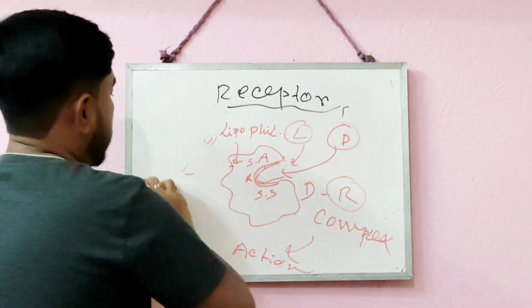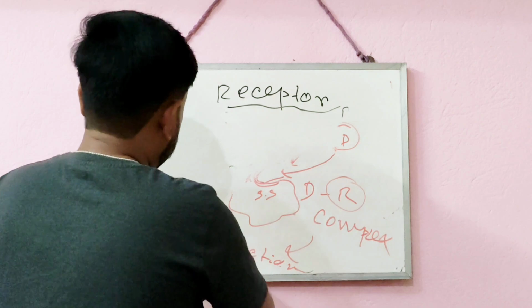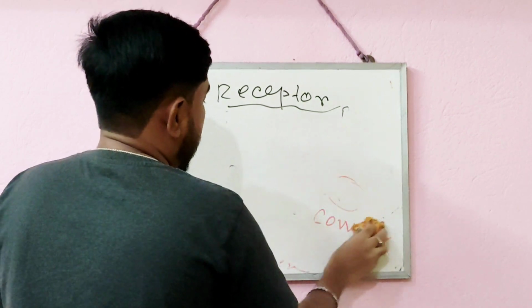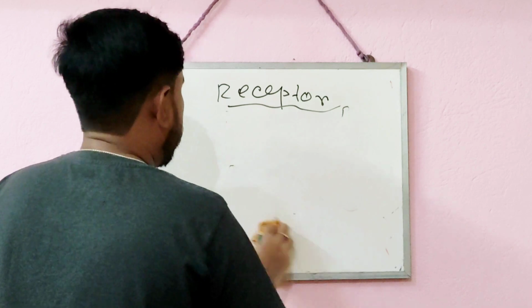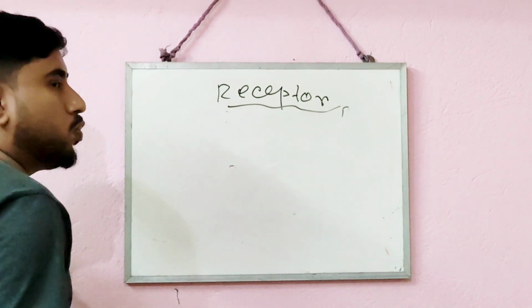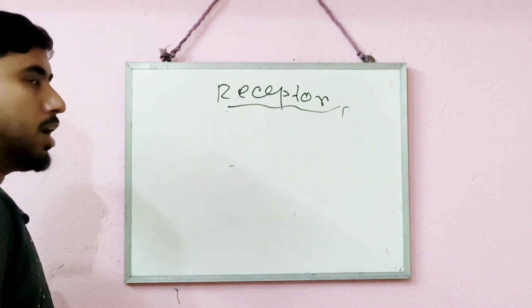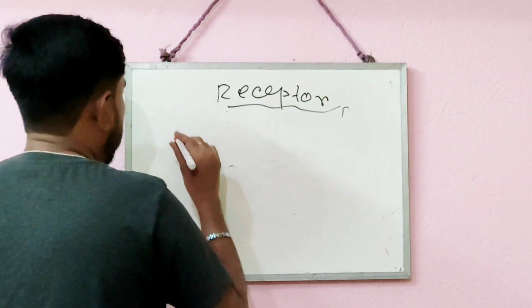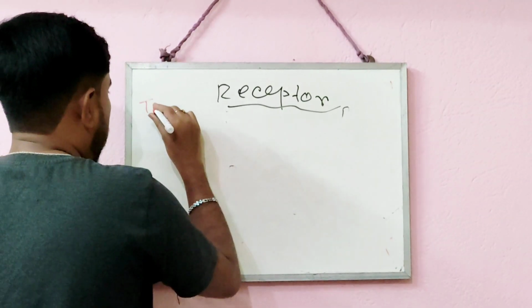That's how the receptor is going to act, binding with a specific drug, whether hydrophilic or lipophilic, reaching a specific site of action and showing its desired pharmacological or therapeutic effect.